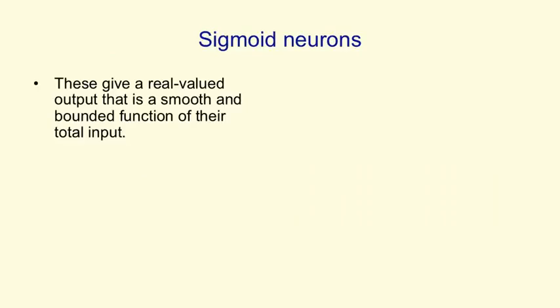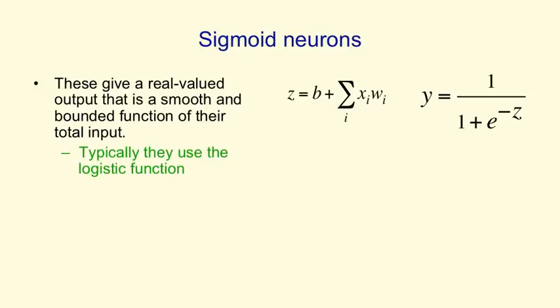The neurons that we'll use a lot in this course, and are probably the commonest kinds of neurons to use in artificial neural nets, are sigmoid neurons. They give a real valued output that is a smooth and bounded function of their total input. It's typical to use the logistic function, where the total input is computed as before, as a bias plus what comes in on the input lines weighted.